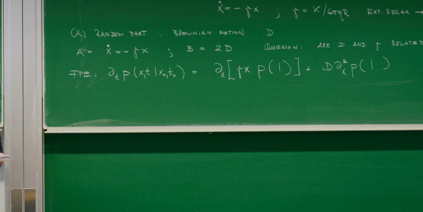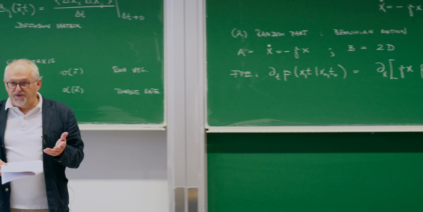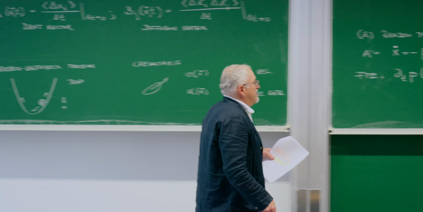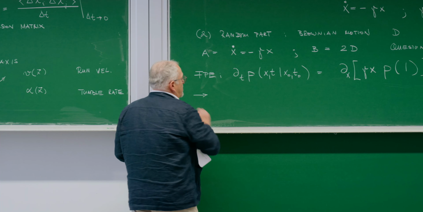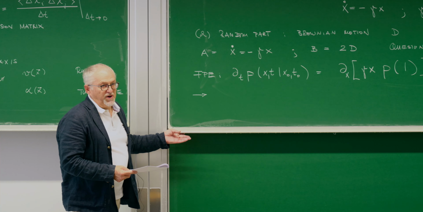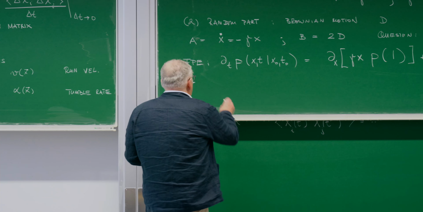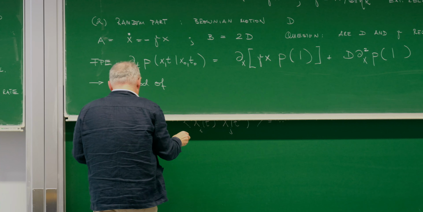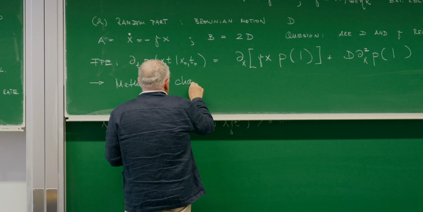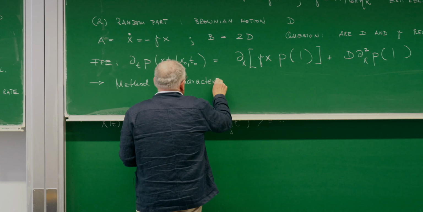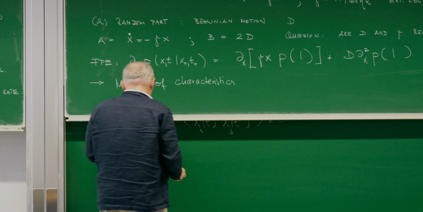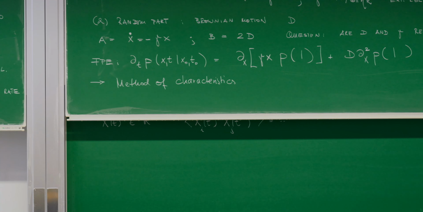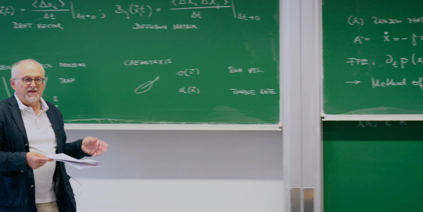This is a partial differential equation, and you need to solve it. How do we solve it? I'm going to show you a technique which is very general and works for many partial differential equations. It's called the method of characteristics. It's basically trying to map this partial differential equation into a simpler set of equations.